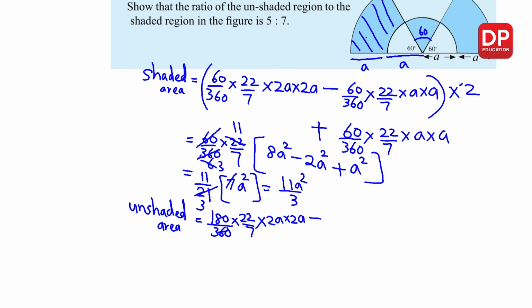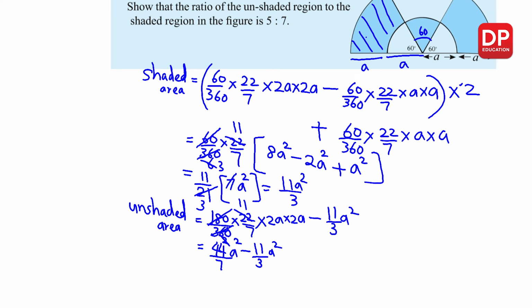We found the shaded part is 11 over 3 A squared. Now again, I'll simplify this. 180 times this is 2, 2 times this one is 11, and I'm getting 2 times 2, 4. 4 times 11, 44 over 7 A squared minus 11 over 3 A squared.